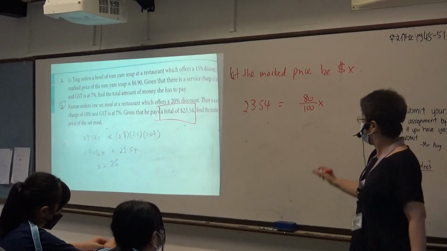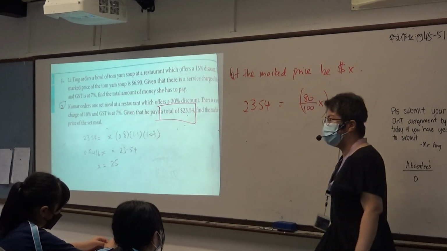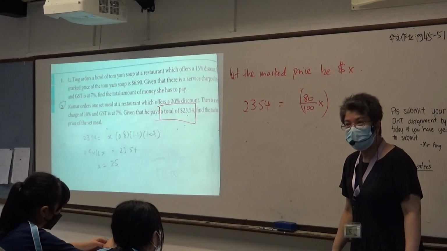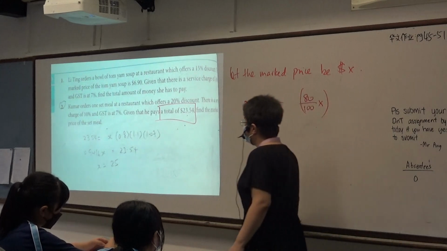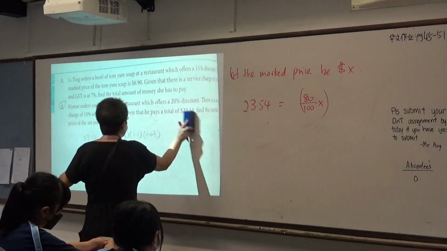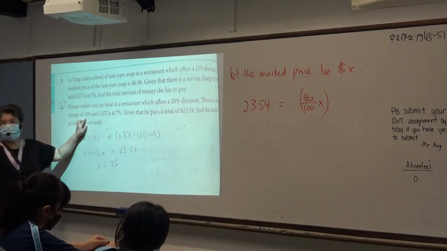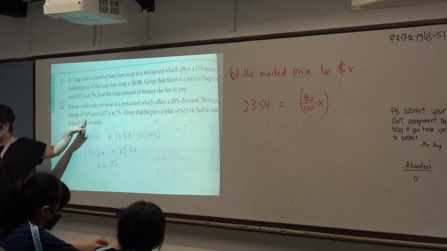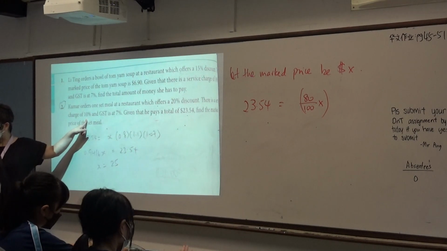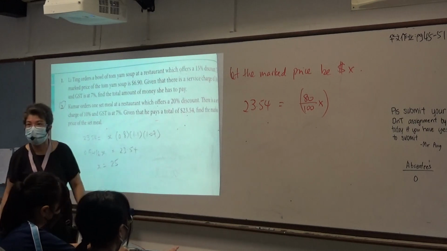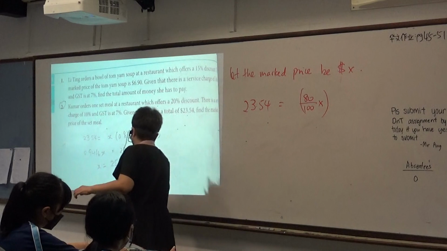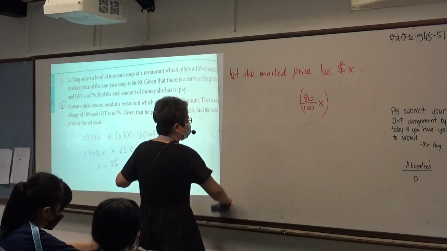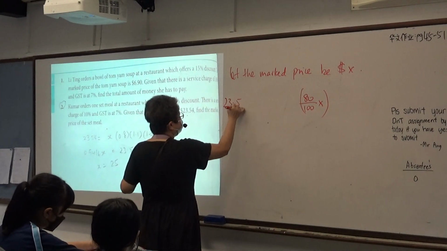Okay, right? I'll put like that so it's easier for you to see. Do you agree? Yes or no? Yes. Okay, good. Then there's a service charge of 10%. If I have a service charge of 10%, I charge 10%, I will pay 110%, right? Do you agree? So let me shift this a bit up. 23.54.